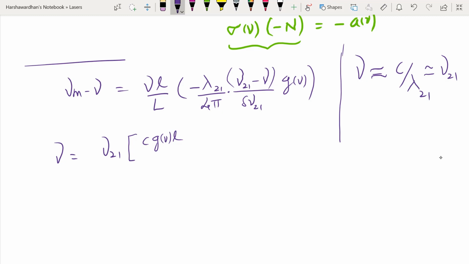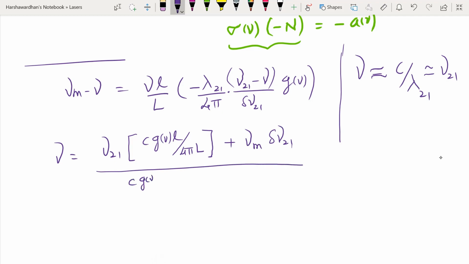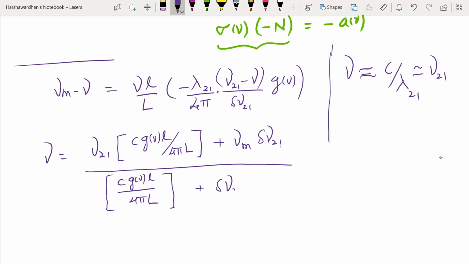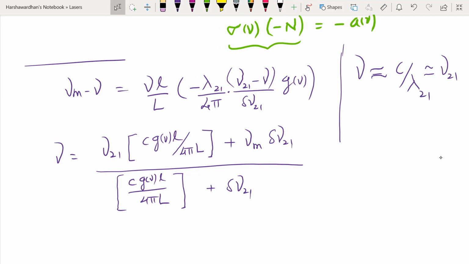Small l divided by 4 pi capital L plus nu_m times delta nu_21 divided by c g of nu small l by 4 pi L plus delta nu_21. I have simply rearranged the above equation and obtained this.